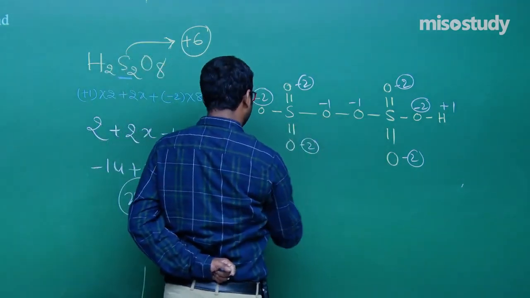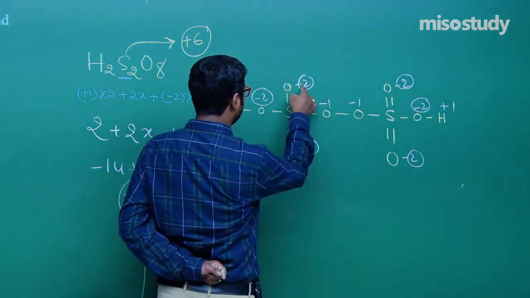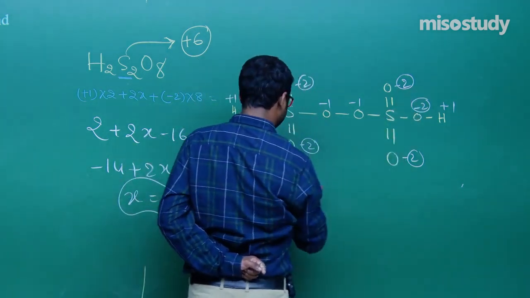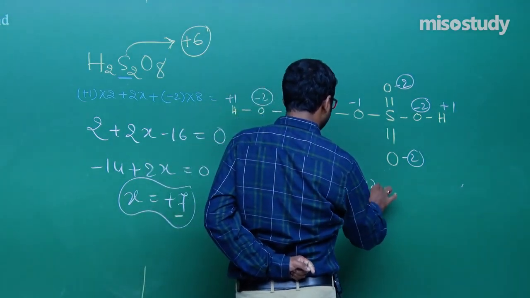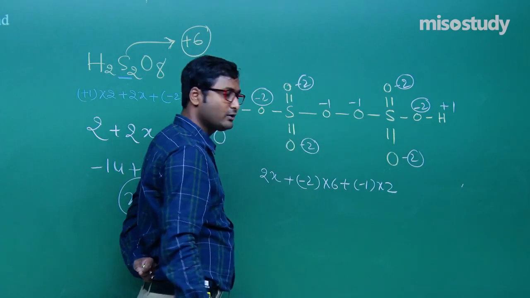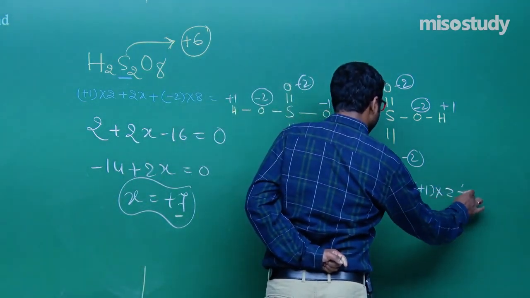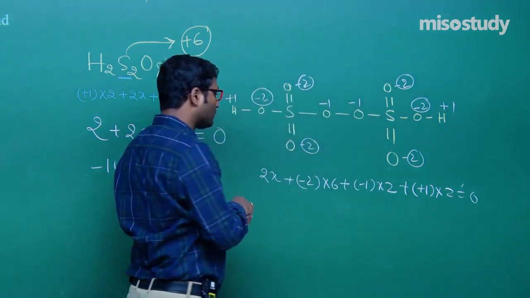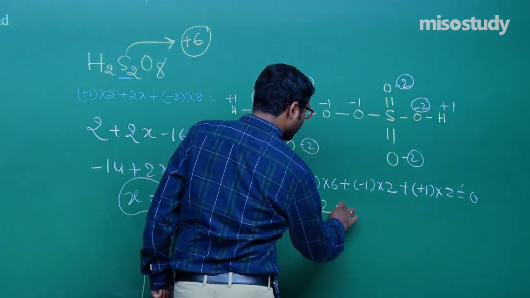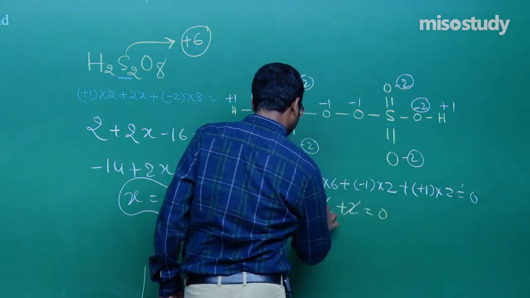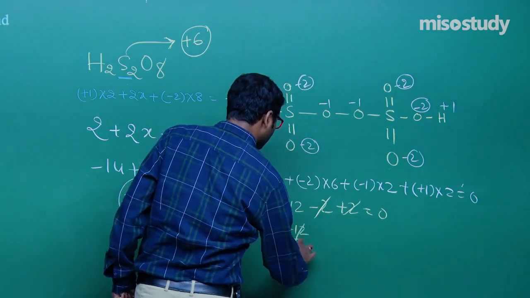That is 2 sulfur, that is 2x, hydrogen 1, 2, 3, 4, 5, 6. That is minus 2 into 6 plus minus 1 into 2, clear to you? Now plus 1 into 2 is equal to 0. Now check out the thing, that is 2x minus 12 minus 2 plus 2 is equal to 0. x is equal to plus 12 upon 2.